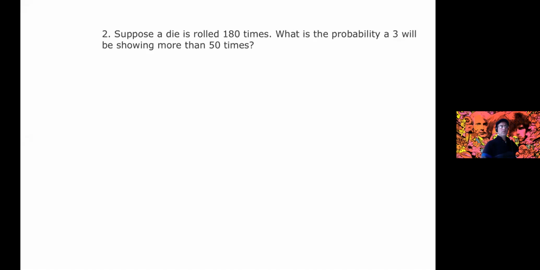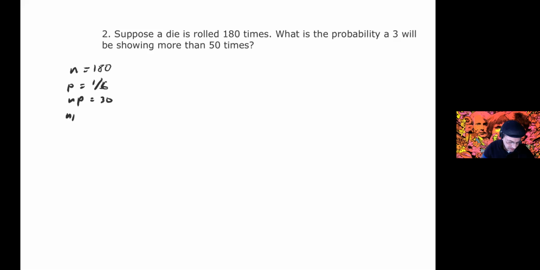Suppose we roll a fair die 180 times. What's the probability a 3 will be showing more than 50 times? The solution to this problem is like this. Here n is 180. The probability of a 3 occurring is 1/6, so n times p is 180 over 6, which is 30.